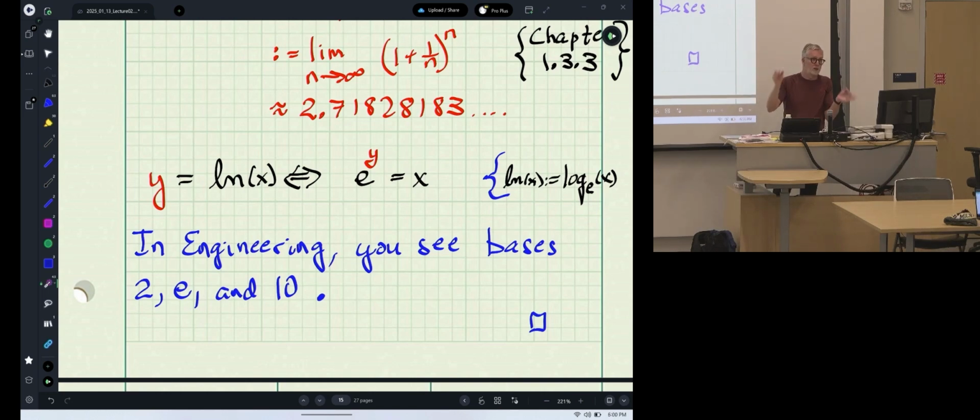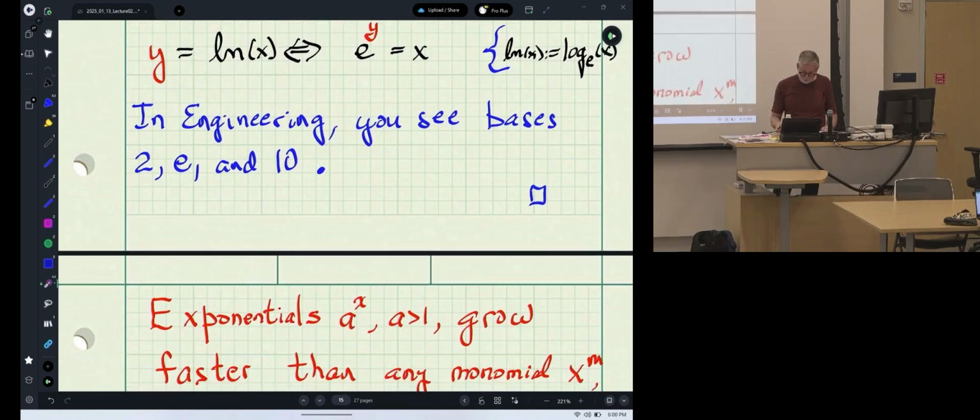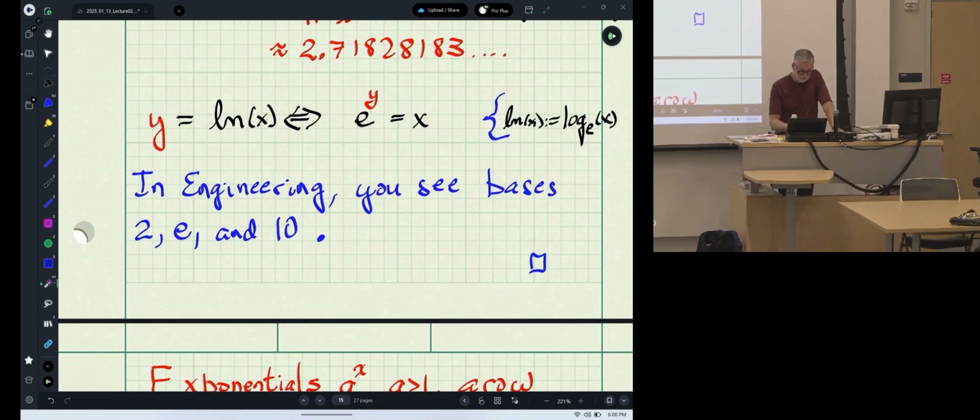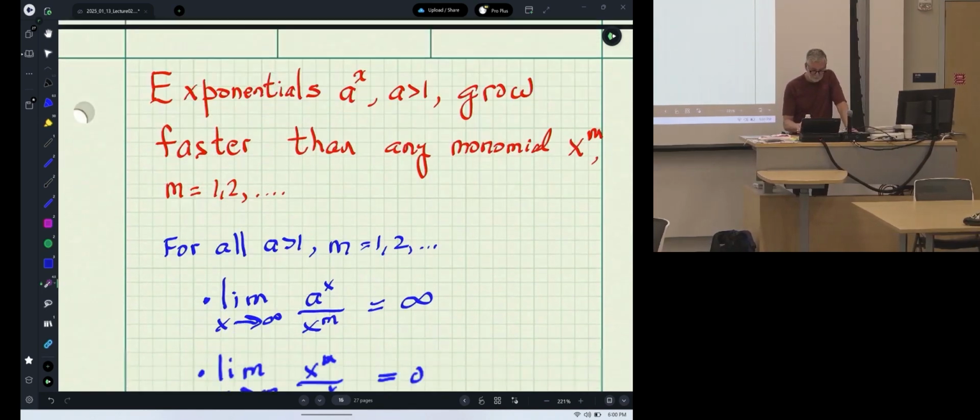And if you want the natural log, you just say log. And then in engineering, we basically only use 2, e, and 10. Unless you're in CS, in which you'll use hex sometimes and stuff like that, but usually base 2, and that's it.